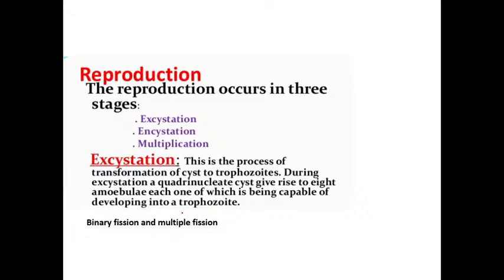First is excystation. When Entamoeba histolytica reaches a human body, it reaches the body of a man or a mammal through contaminated food or water. Through contaminated food or water this parasite will enter into the body of the host.